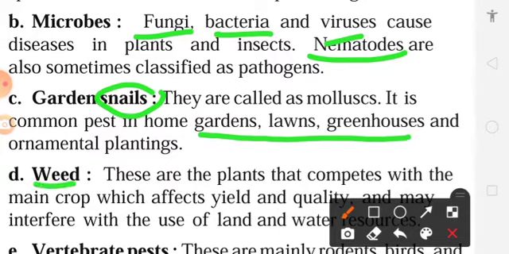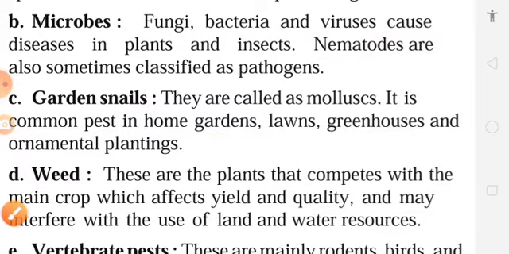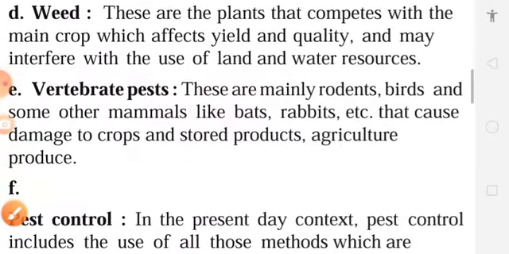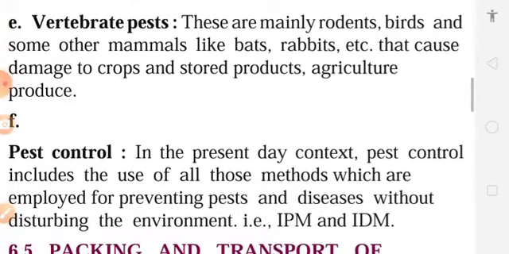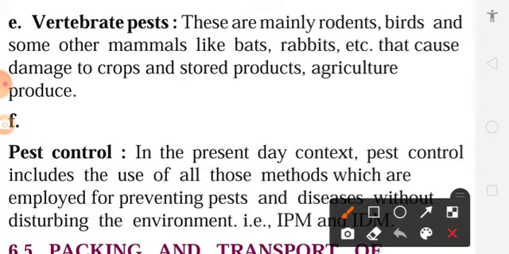Weeds are also to be controlled, because weeds may cause loss of up to 90% to the plant. They also reduce the quality of the plant. Then there are vertebrate pests like mammals, bats and rabbits. They also cause damage.